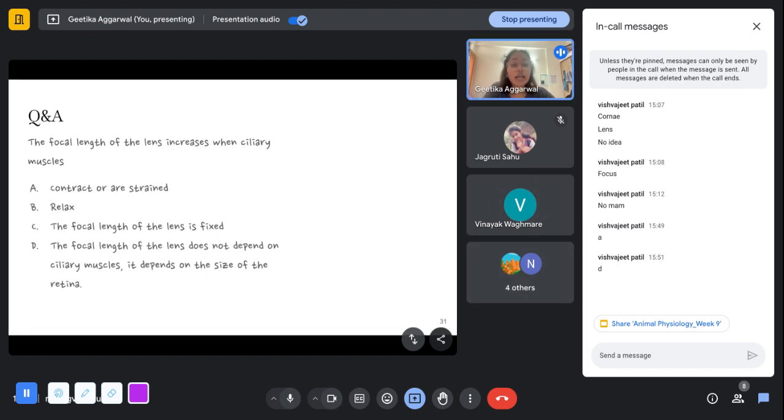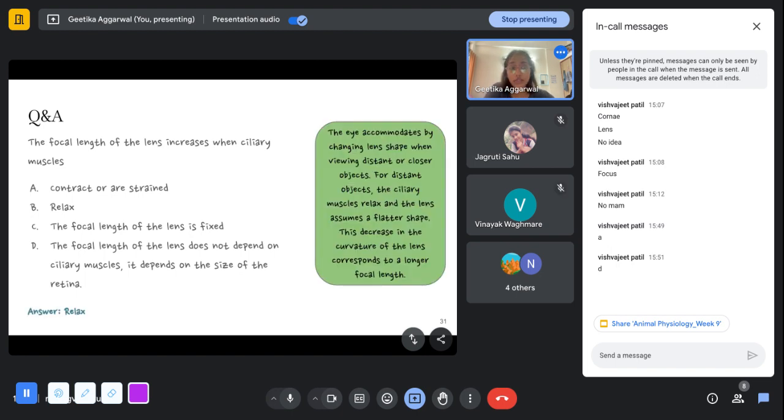Okay, so you guys are actually incorrect. The correct answer to this question is when the ciliary muscles are relaxed. The eye accommodates to looking at faraway or closer objects by changing the lens shape. For a distant object, the ciliary muscles relax and the lens becomes flatter.